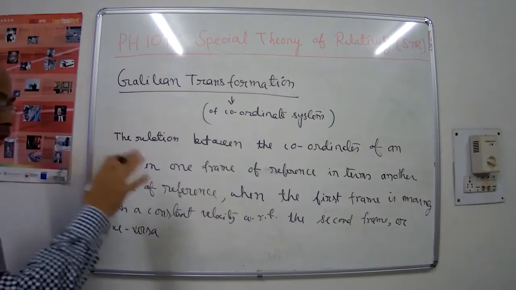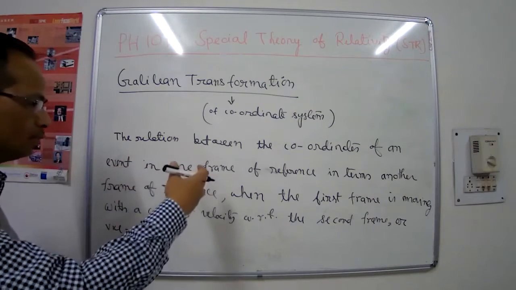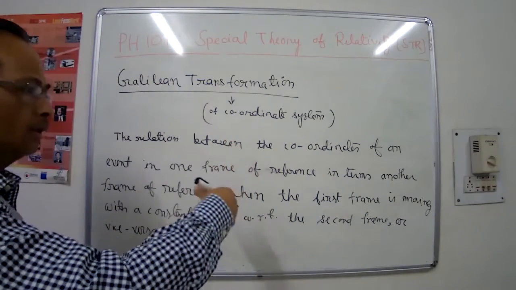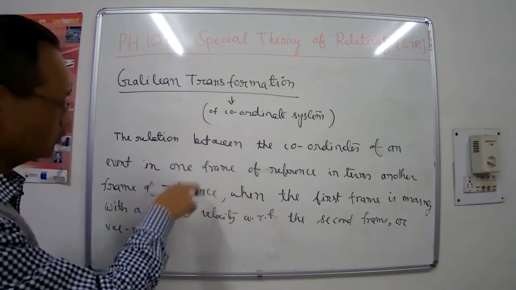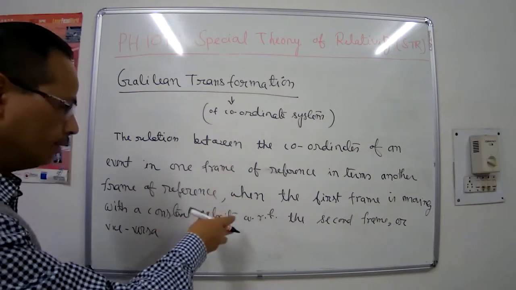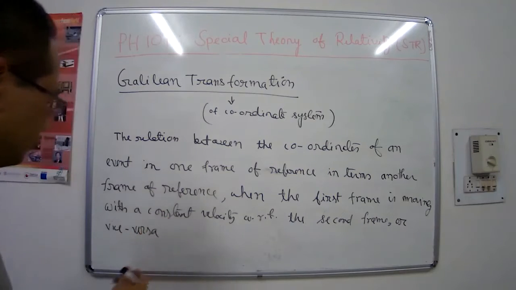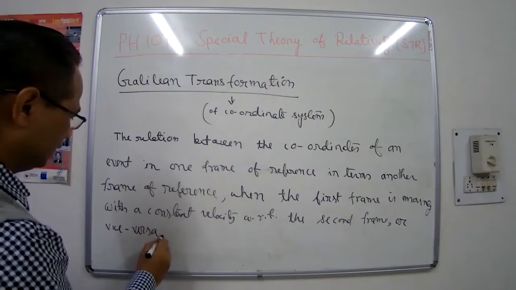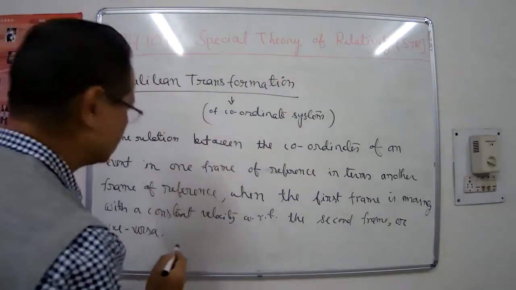And when we try to establish the relation between the coordinates of an event in one frame of reference, at rest for example, in terms of the coordinates in another frame of reference of the same event, when there is a relative motion and one of the frames has a constant velocity, under the classical physics regime, the transformation is known as Galilean transformation.